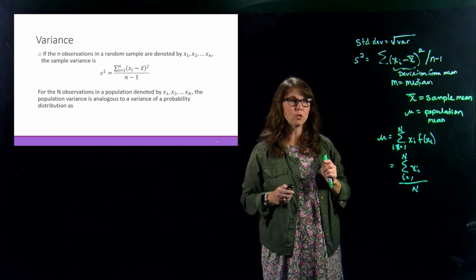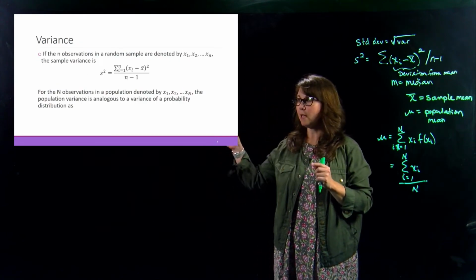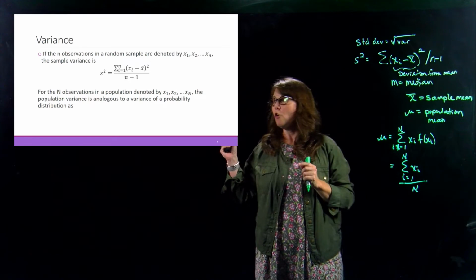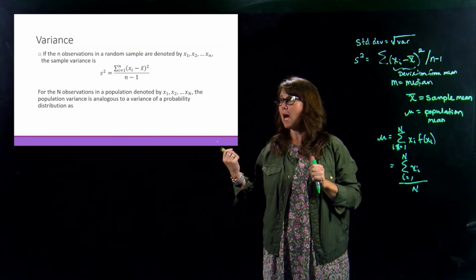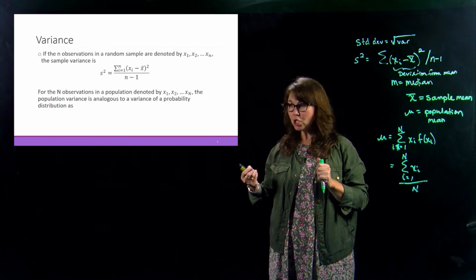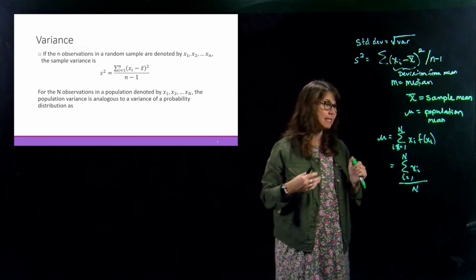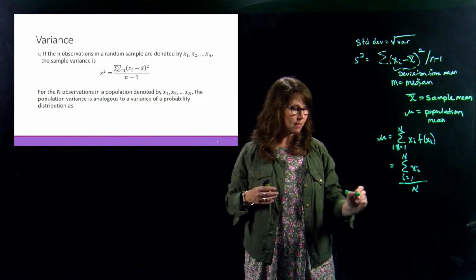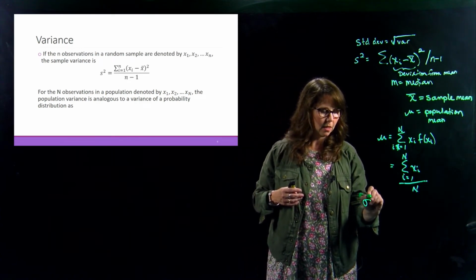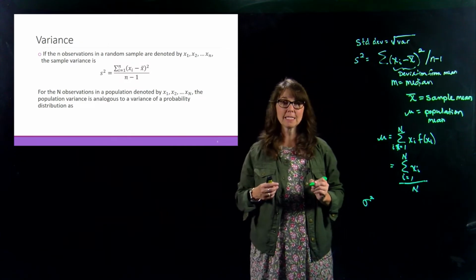Before I go to the next slide, I want to talk a little bit about, at the very bottom of the slide, it says, for capital N observations in a population, the population variance is going to be analogous, again, to the sample variance. So the population variance, I'm going to write this down here, again, is signified by sigma squared.